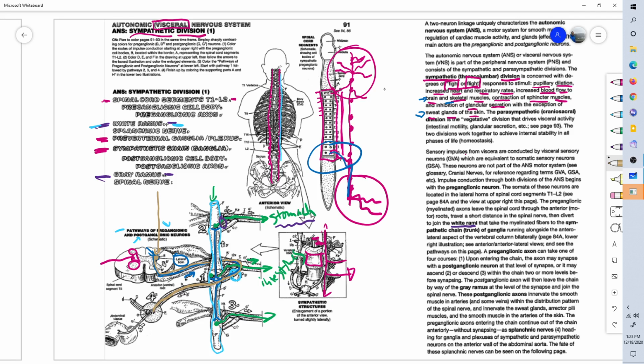This is the ganglia, and through the ganglion it synapses with a postganglionic neuron, and then outward to an organ, let's say your intestine, an abdominal viscus, telling it to stop functioning, for example.